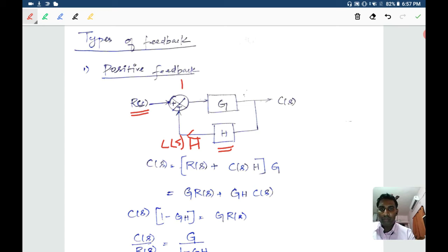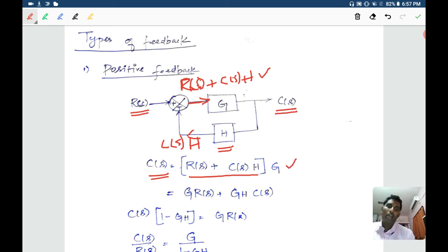So the value obtained here is r of s plus c of s into H. The c of s can be written as r of s plus c of s into H, multiplied by the transfer function of the system, which is G. Multiplying this inside, we get G into r of s plus GH into c of s.